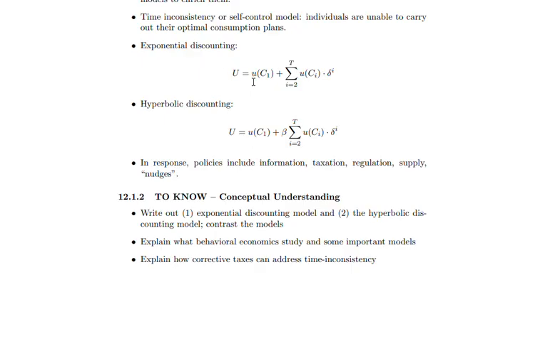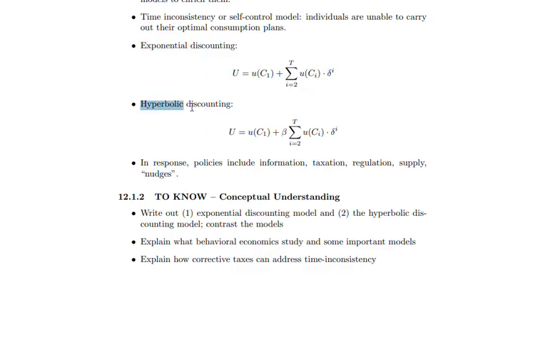Your total utility is the utility of C1, your consumption right now, today, and the rest is the total utility of Ci, with i equals 2 to T. It means you add up the consumption of each day, except the first day, and you need to tie in the discount variable because in the future, your utility of those consumptions has a discount effect.